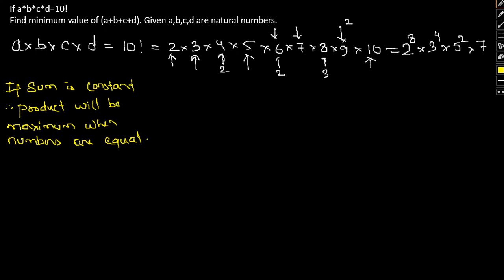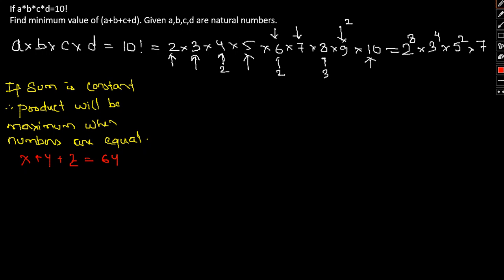Okay, so let me give you an example as such. Suppose I have three numbers, say x plus y plus z. If sum is constant, right? So say this be 64.